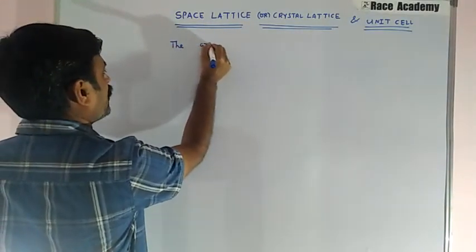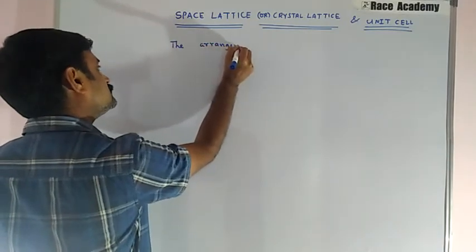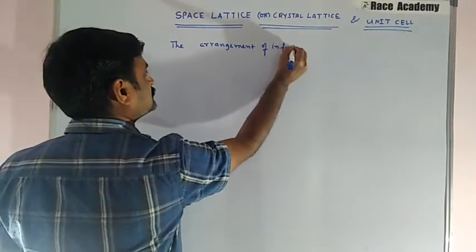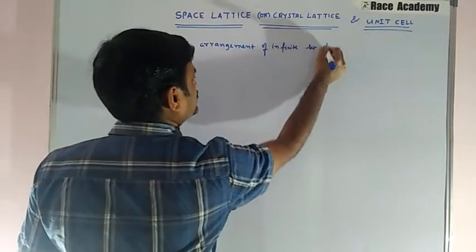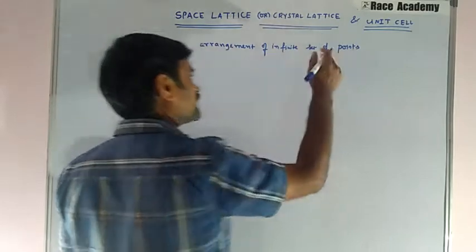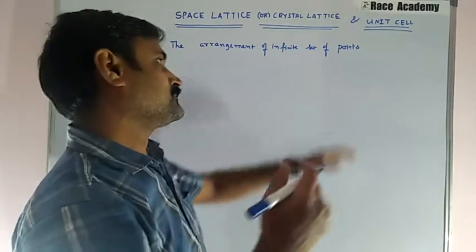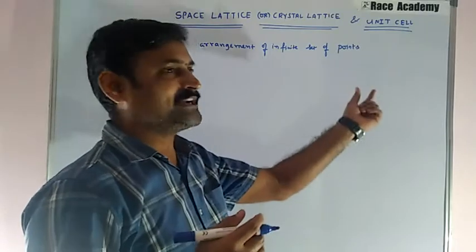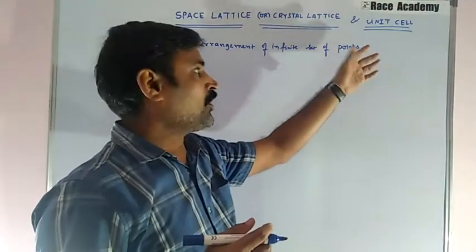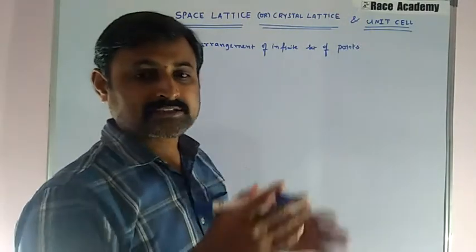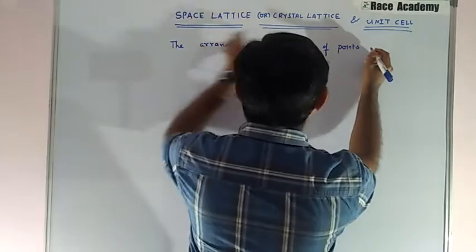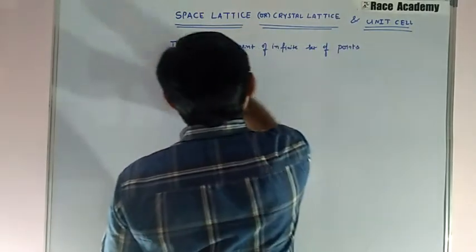The arrangement of an infinite set of points, meaning lattice points, meaning atoms, ions or molecules. One point means there is the possibility of an ion or atom or molecule, right? That kind of arrangement is known as space lattice.